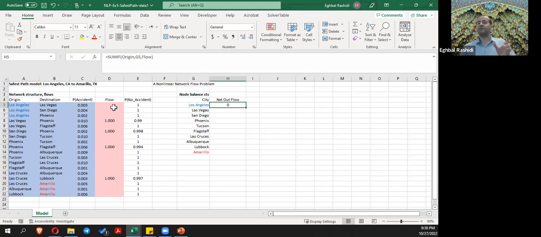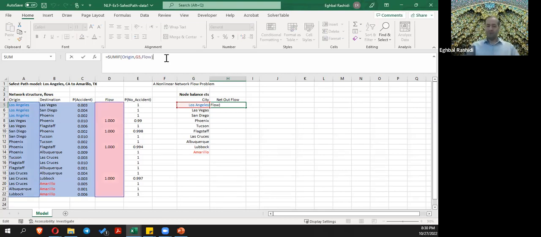That means, okay, if the flow is 1, sum those up. Right now, none of these are actually selected, so that's why it's 0. So that's actually the outflow.